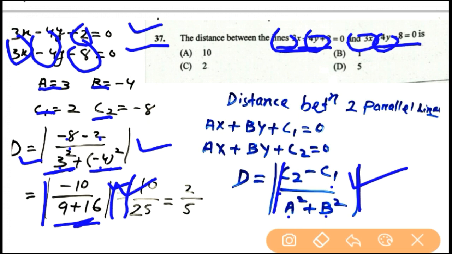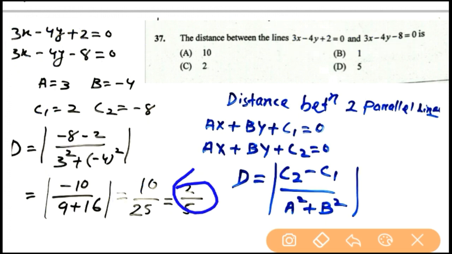So we have the answer 2. So none of the options given are correct. This is the OJEE's fault, for not putting the correct option.